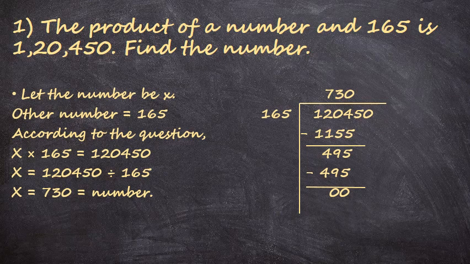Now here you can see, when we are dividing 1,20,450 by 165, we'll see this whole division process. 165 sevens are 1155. When we subtract it from 1204, we get 495.